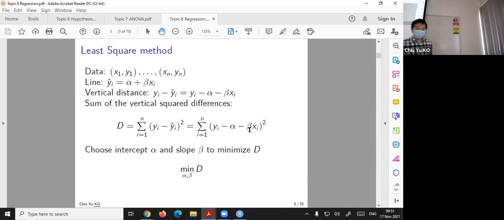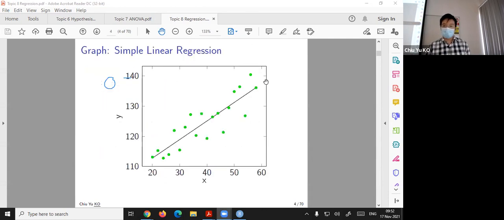The line is called Y hat, to distinguish it from the data, which is called Y. So this is called yi hat here, and the height of the data point is called yi. You try to minimize the vertical distance between them. It's called the least square method.